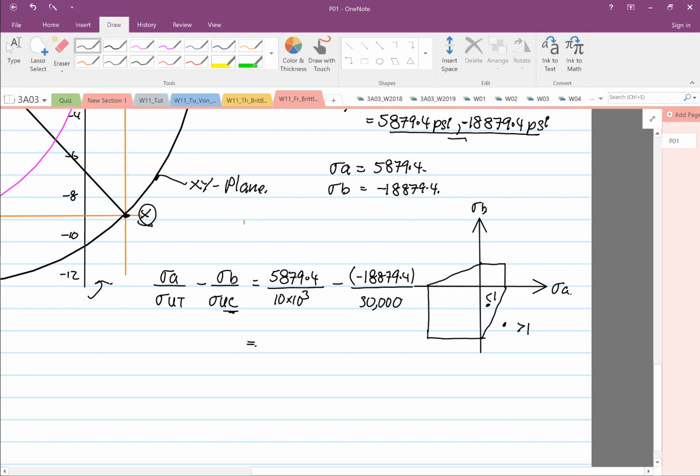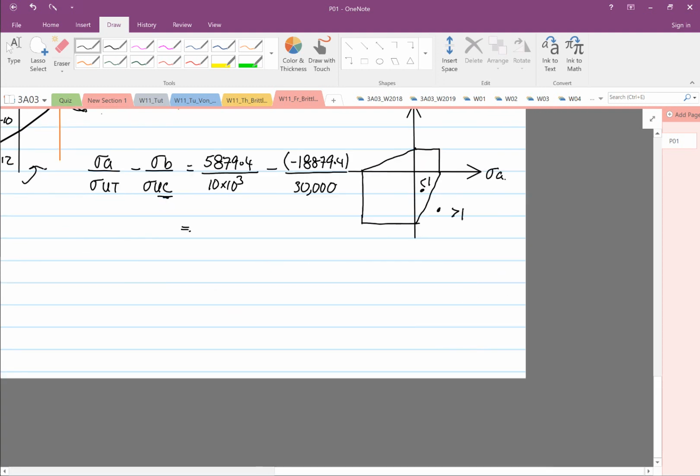So this will be equal to 5,879.4 divided by 10 to the power 3, which is 0.588, plus 0.6293. So this will be equal to 0.588 plus 0.6293, which equals 1.2173.